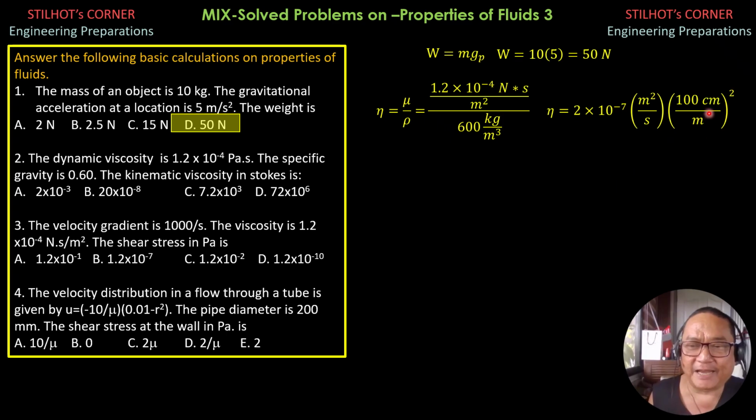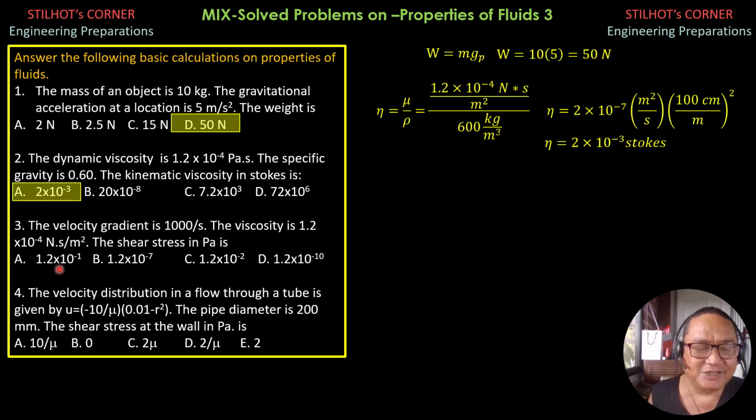So times 100 centimeter per meter quantity square, this is now in Stokes, and in Stokes it is 2 times 10 to the negative 3 Stokes. So it's letter A.